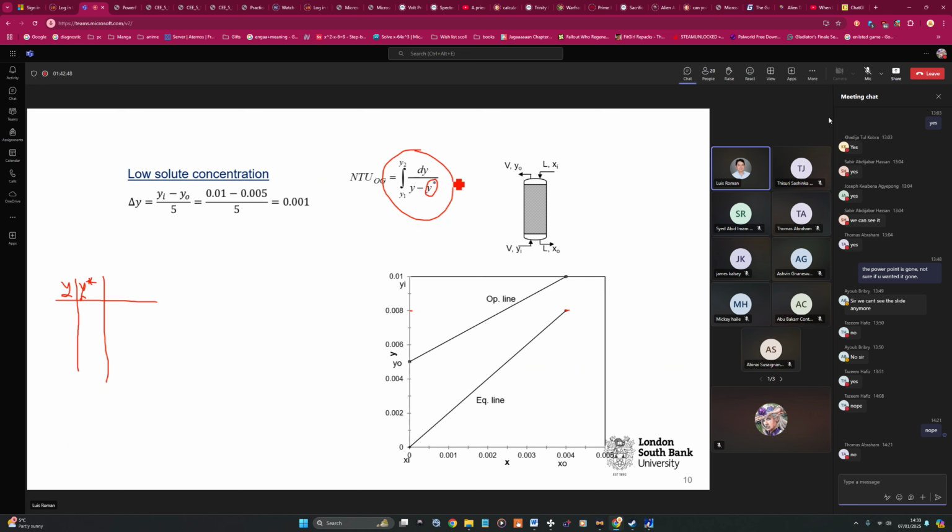Once you have that, you can calculate this part, y minus y at equilibrium. And then we can simply calculate the inverse of that, which is the function that we are trying to evaluate for the integral.